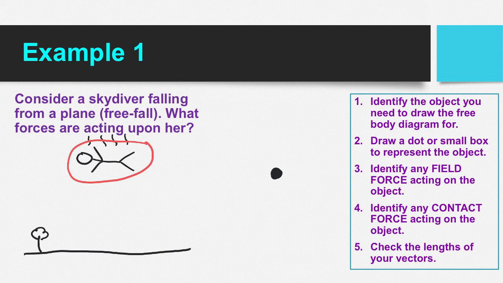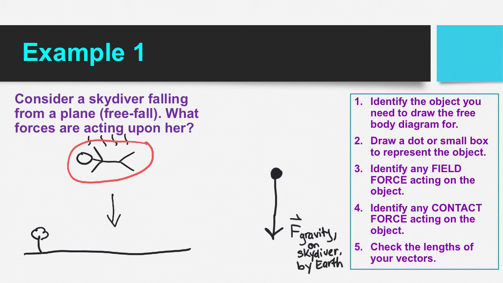And in this case, gravity is pulling her toward the earth, toward the center of the earth, which would be straight down. So I draw an arrow straight down. I'm going to label that force of gravity on the skydiver by the earth.